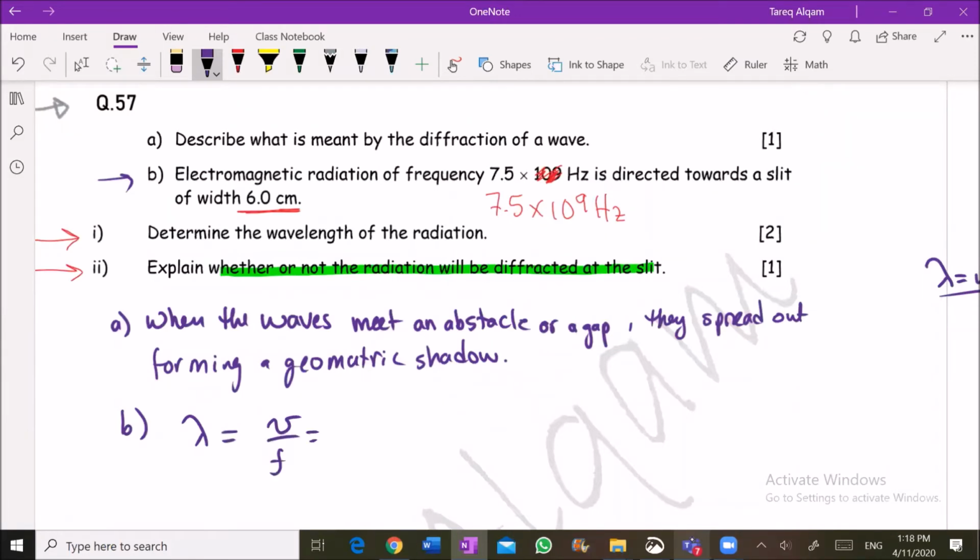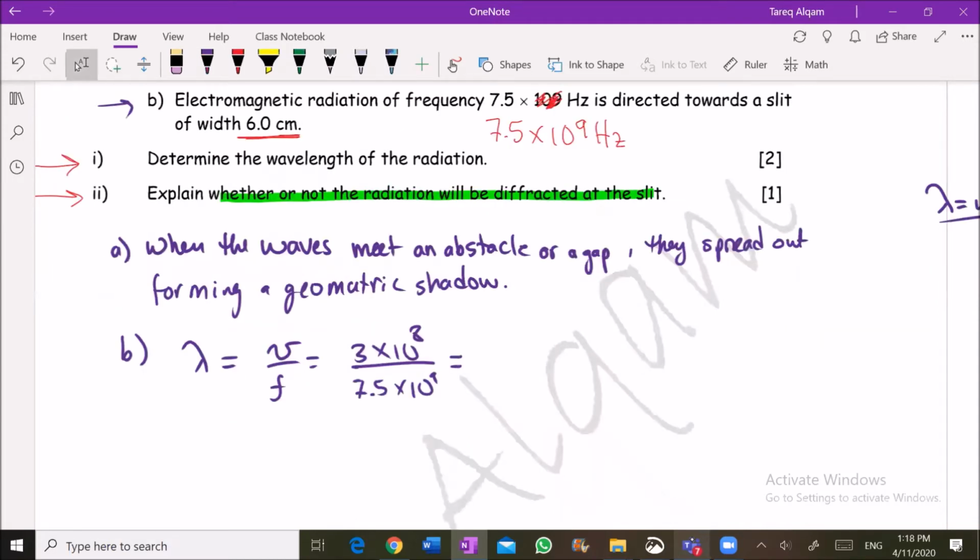Speed of electromagnetic radiation over the frequency 7.5 times 10 to the power 9. How much does this wavelength come out? Someone calculate it quickly for me. 0.04 meters, meaning 4 centimeters. Okay.